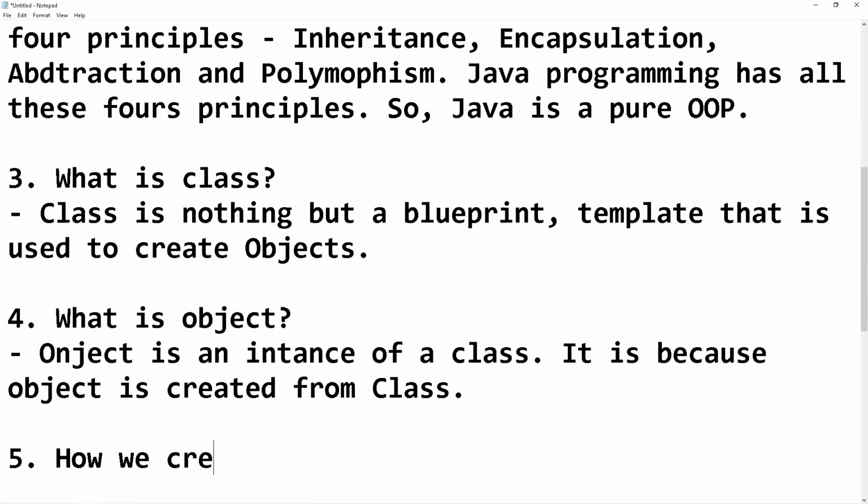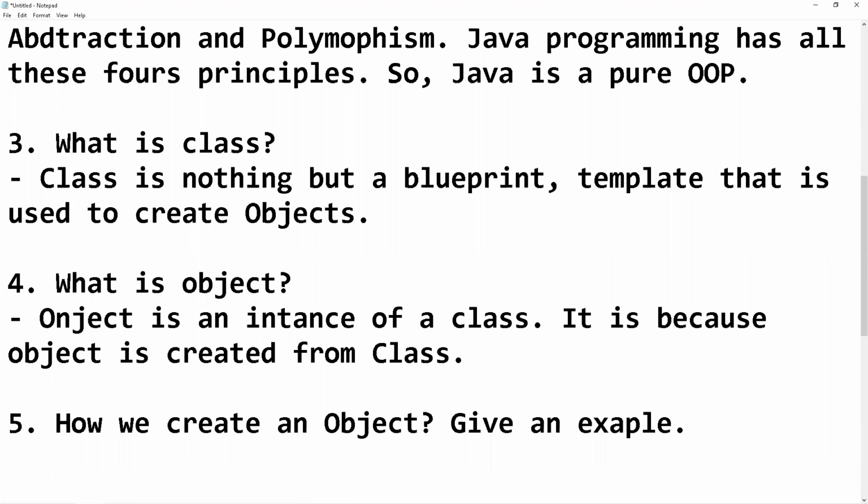How do we create an object, with an example? How can we create an object? That's by creating the constructor.